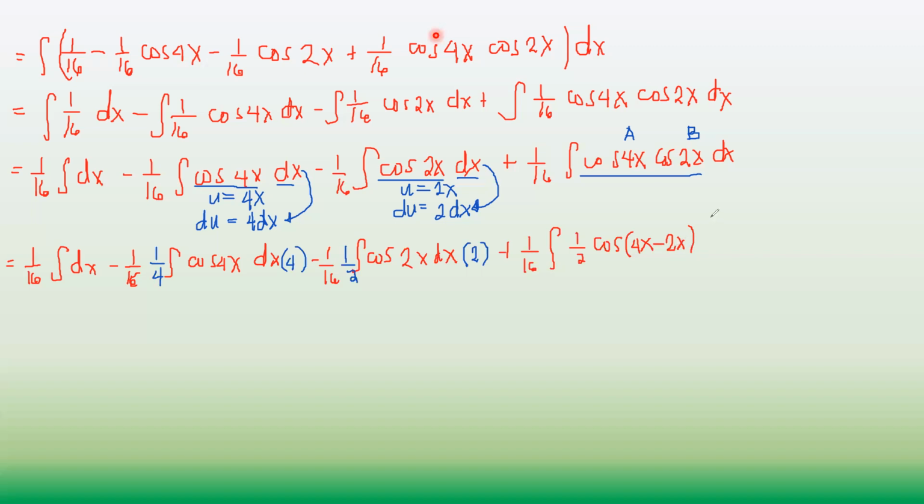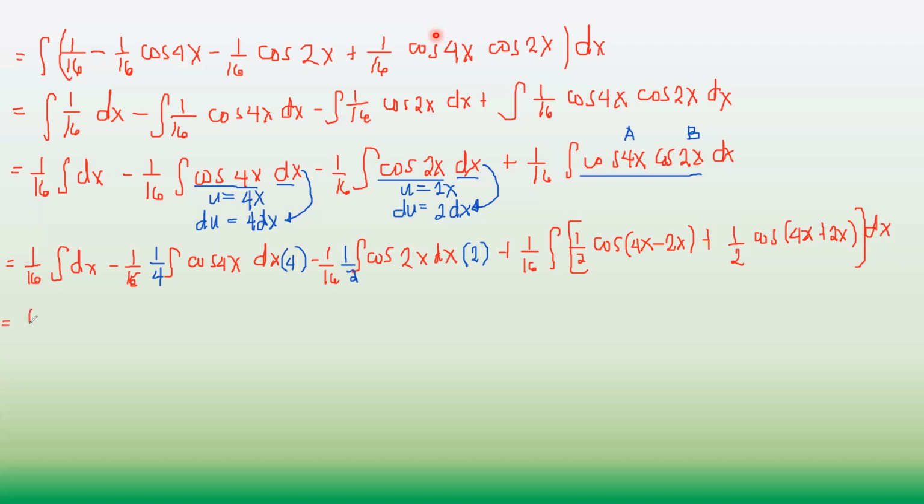Pagka may cosine, yung gitna ay plus. Operation mo ay plus. So, plus 1/2 cosine. A plus B naman. Or we have 4x plus 2x, dx. Huwag kakalimutan na ang 1/16 ay nakamultiply sa buo na iyon. So, ibig sabihin, si 1/16, multiply mo ulit mamaya sa buo na ito. Okay. Tuloy pa natin.